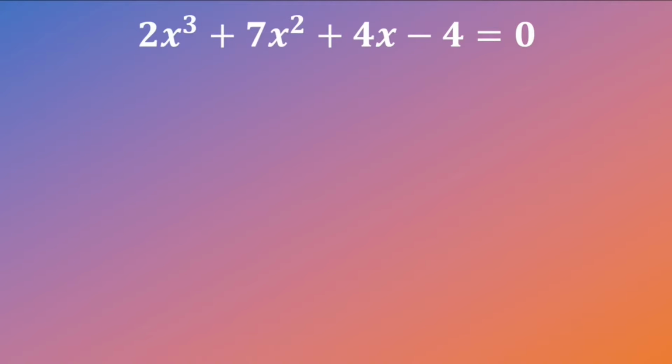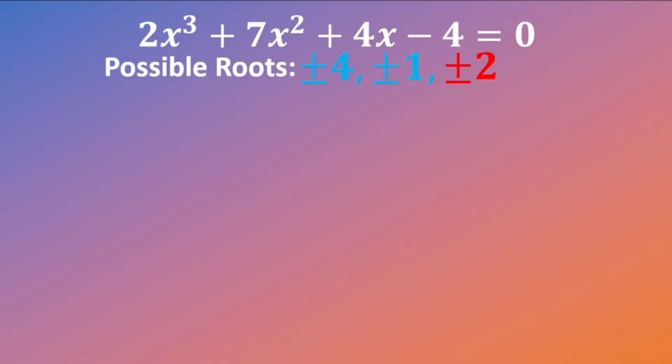If the constant term is negative 4, get the factors of negative 4, and these are the so-called possible roots of the given equation. So, the possible roots of the given equation in which the constant term is negative 4 are positive and negative 4, positive and negative 1, positive and negative 2.